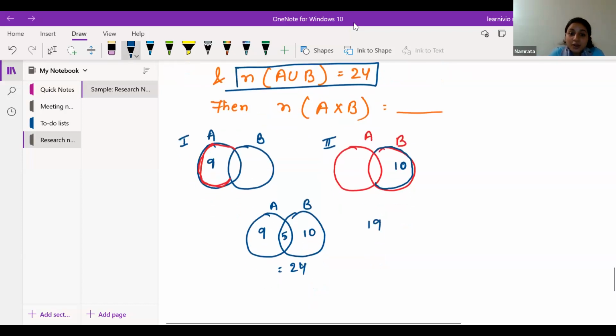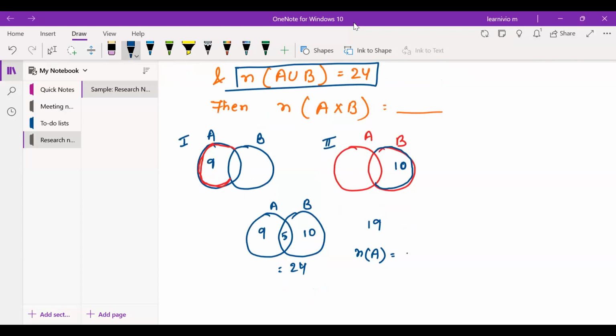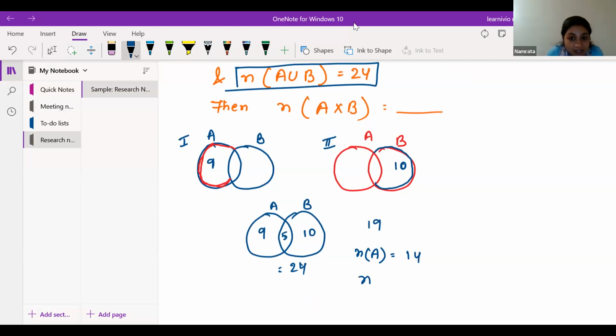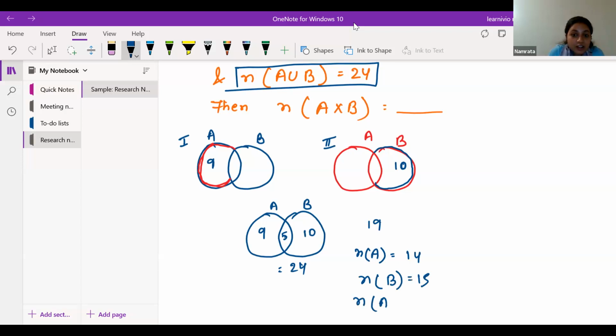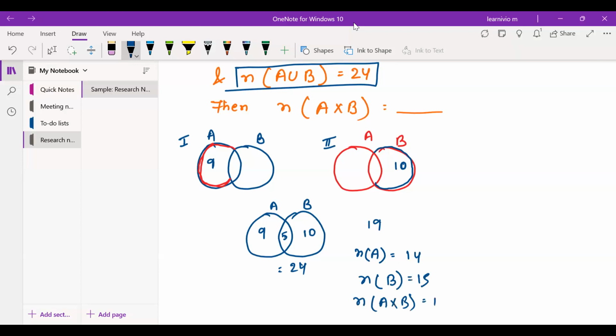Okay. Number of element in A, how many number of elements are there in A? How many elements are there in A? Anyone? 14. Exactly. How many elements are there in B? 15. Exactly. And number of element in A cross B will be product of these two, right? Yes, ma'am. This will give us the answer.